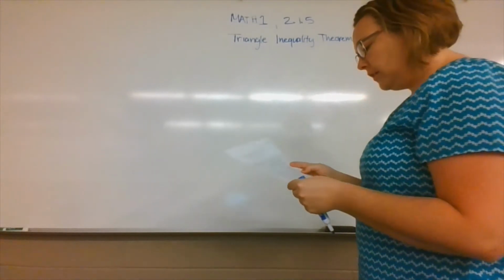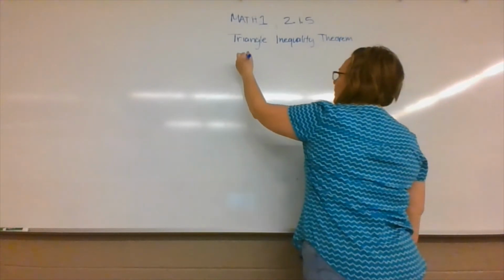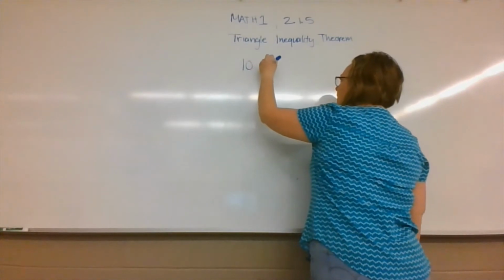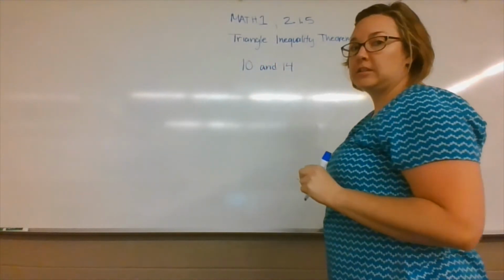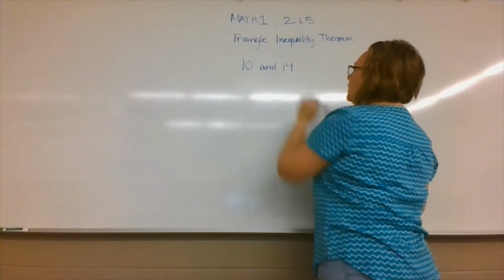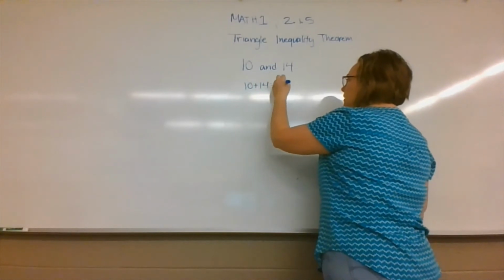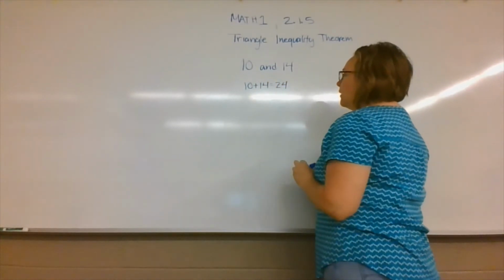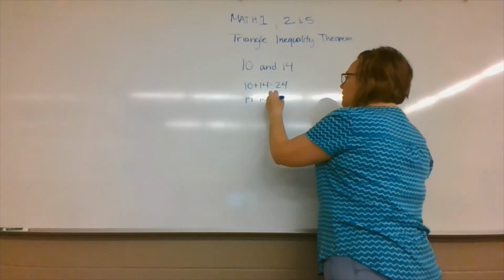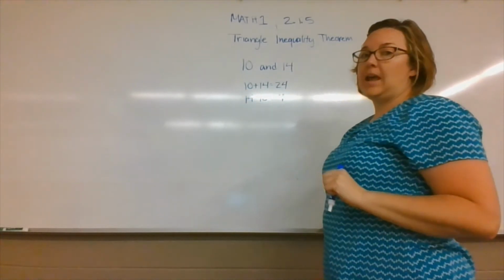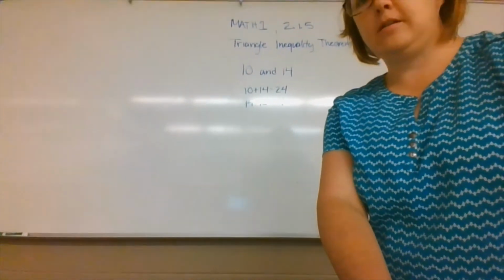Okay, so a triangle has two sides, 10 and 14. Our two side lengths are 10 and 14, and we want to know what that third side can be. So first thing we're going to do is add these. 10 plus 14 is 24, and now we subtract. Sorry, there's a glare.